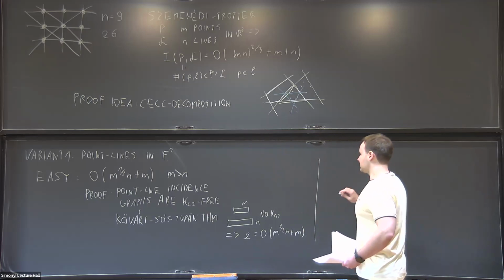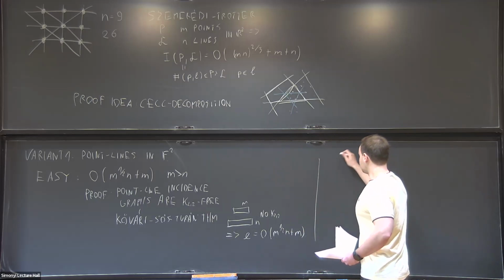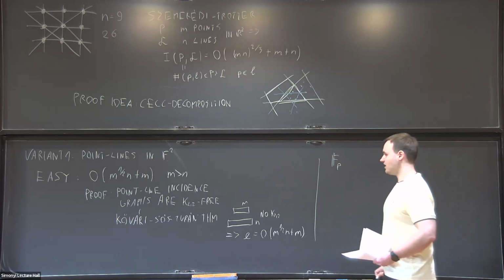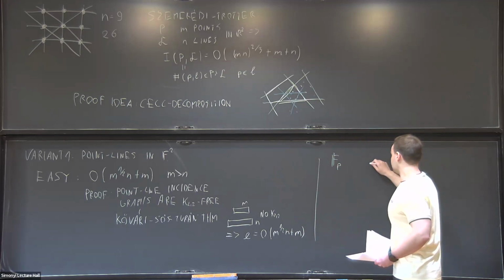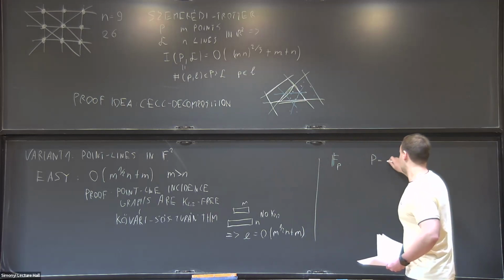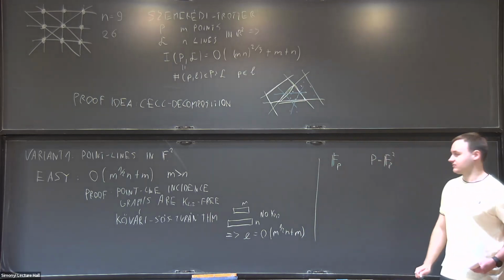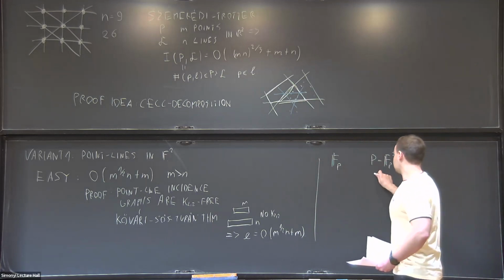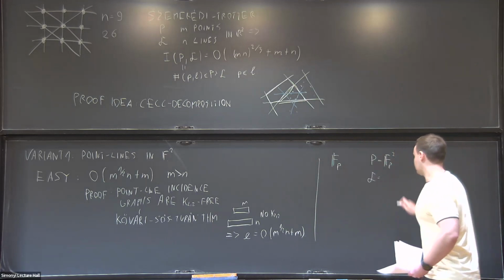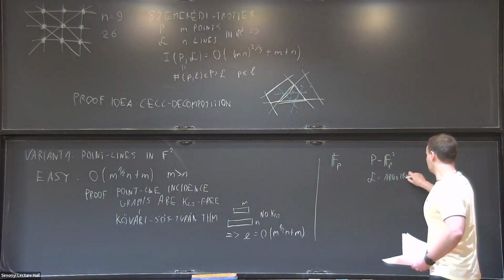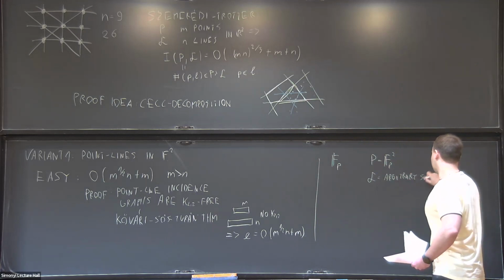So in other words, let's say that we work over F_p, where p is a prime, and we take the set of points P to be just the whole plane. So let this be F_p squared. And now let L be an arbitrary set of N lines.